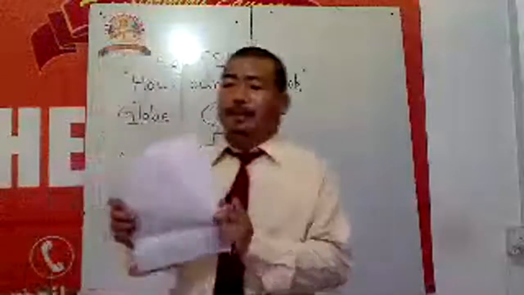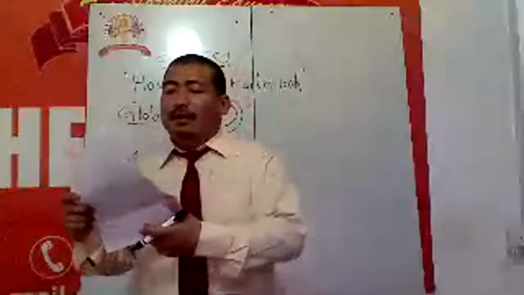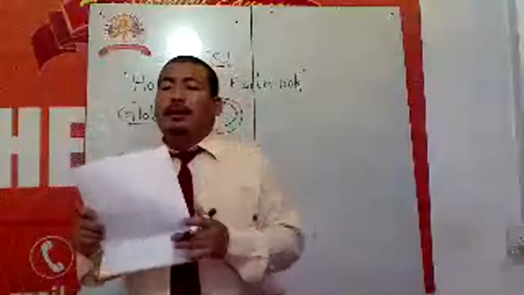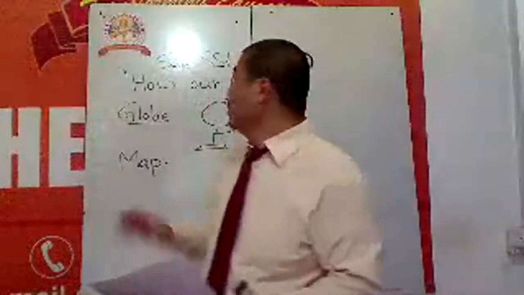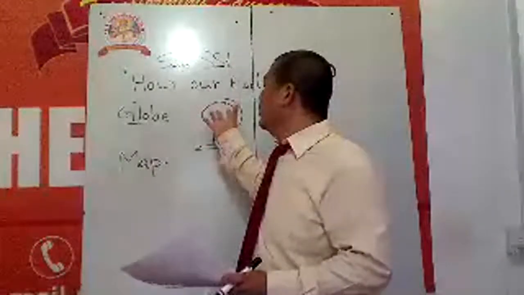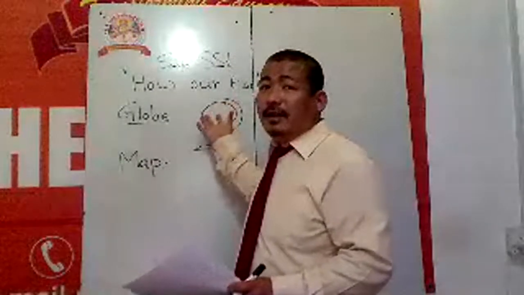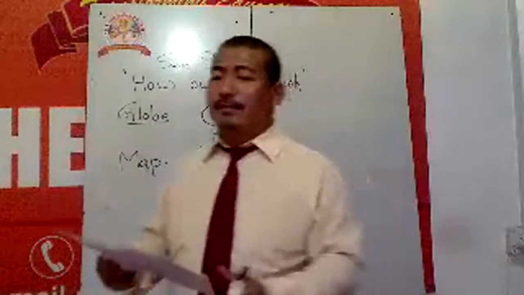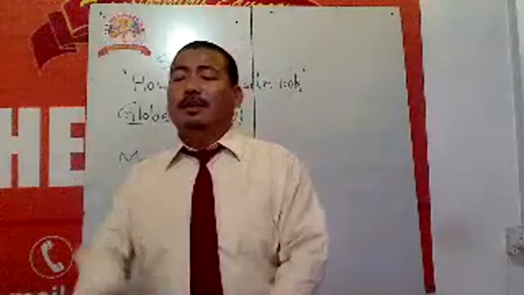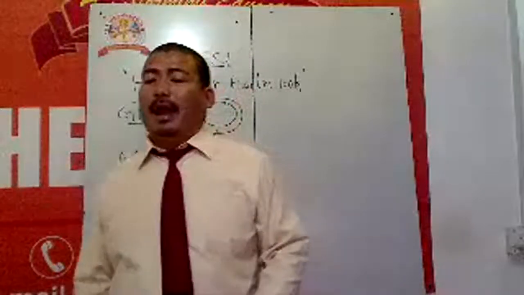Just like I have paper, it is flat. So here we can see all the places of the earth. The globe is not flat, it is round in shape. In a map, we see a flat surface. That means on a flat surface, we can see all the parts at once.